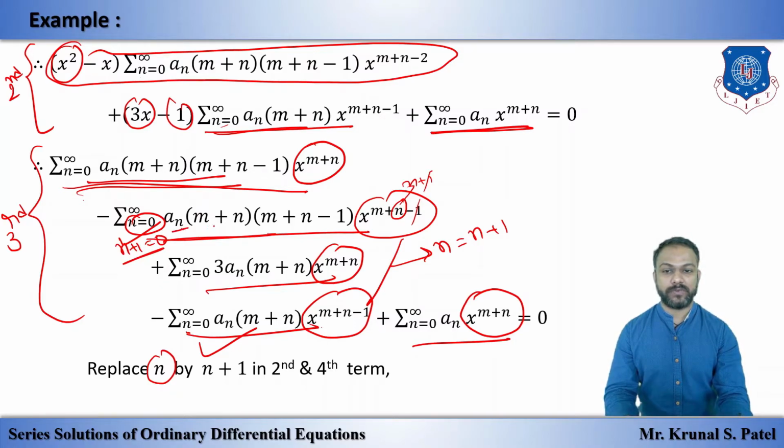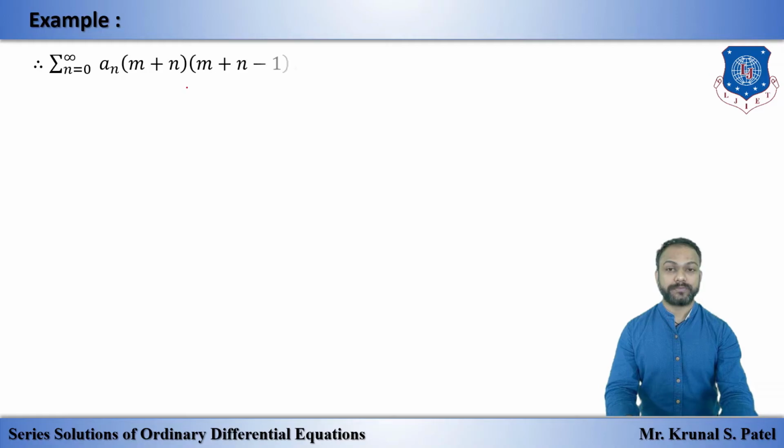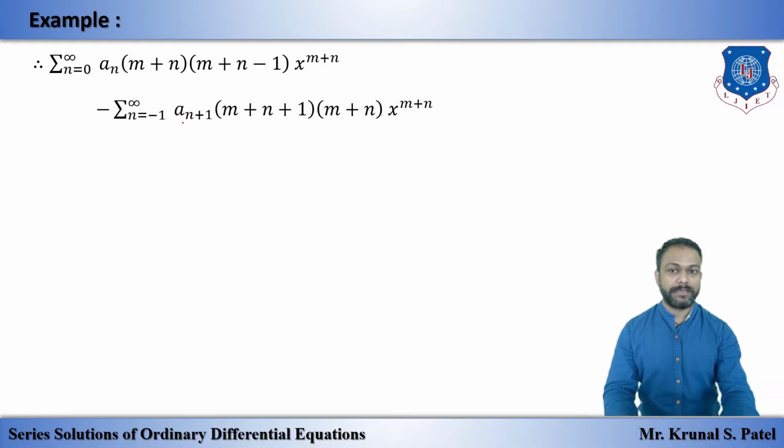And here n plus 1 minus 1 cancels out, and this becomes m plus n. By simplifying, you should use a pen while watching this video so you can understand better. So we have the first term as it is, in the second term n becomes n plus 1, and this becomes simple.